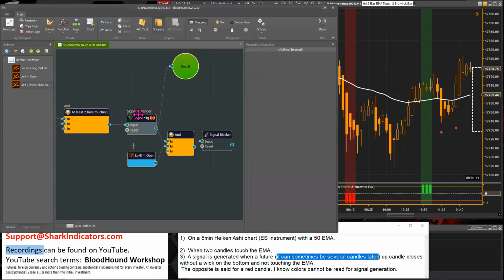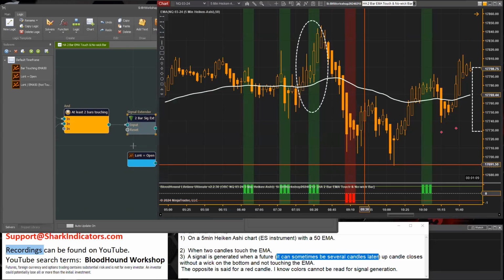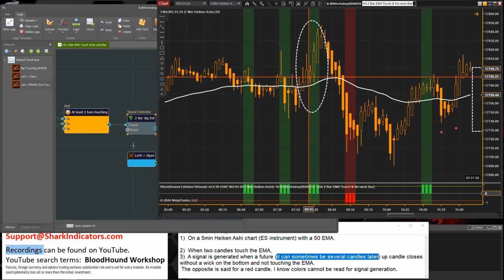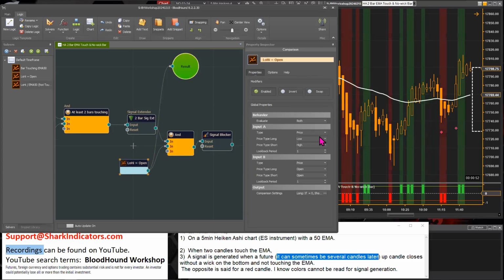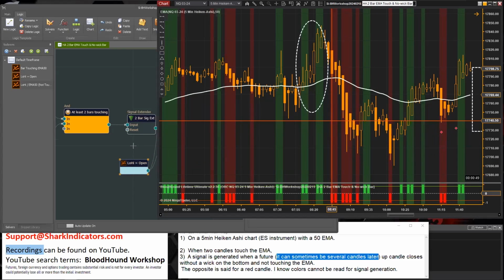So there you go. So that signal extender extends the opportunity for a no bar to show up, right? And then this guy down here just adds a little filtering mechanism. So it is actually identifying the no-wick bars.